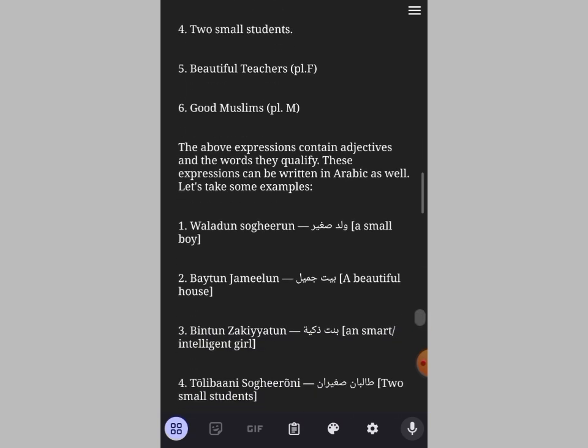Now let's look at some of these expressions in Arabic before we discuss how you do that and some other things related to it. So we want to talk about a small boy. From the previous lessons, we talked about nakra. So first of all, let's look at a boy. A boy is walad. Waladun with tanween. Now, waladun, a boy, and small is saghir.